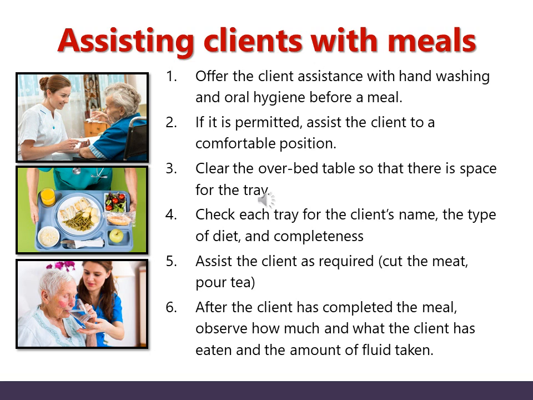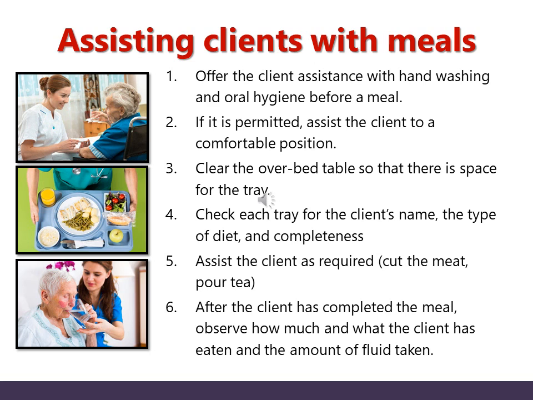Check the tray for the client's name, the type of diet, and completeness, because each patient might have different diets. Assist the client as required. For example, when cutting the meat or in pouring the water or tea, you need to assist the client as well. And of course, this is very important. After the client has completed the meal, observe how much and what the client has eaten and the amount of food taken.